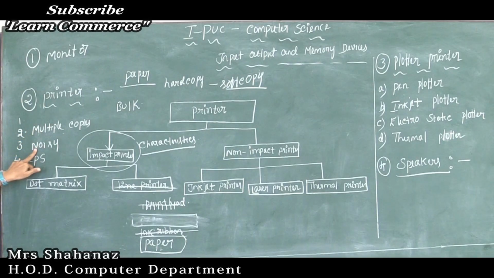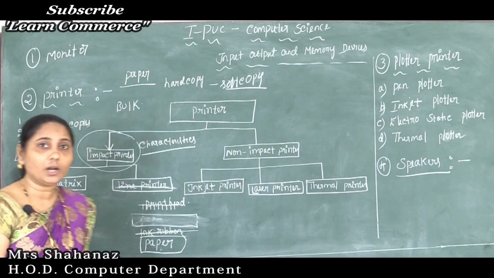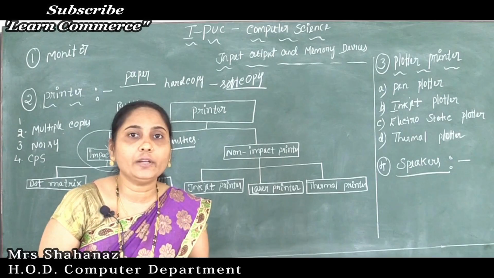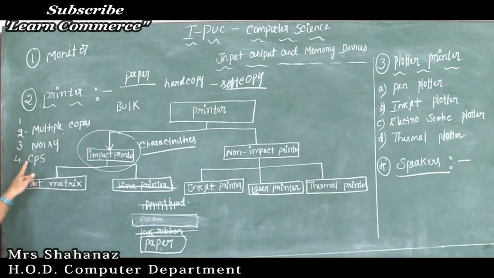Also, due to its striking activity, the impact printer is very noisy compared to other printers. And next, we can measure the speed of the printer using CPS. The full form of CPS is characters per second.